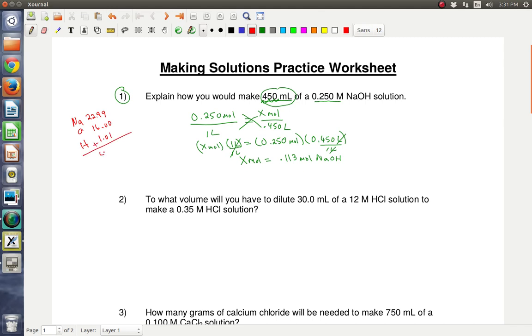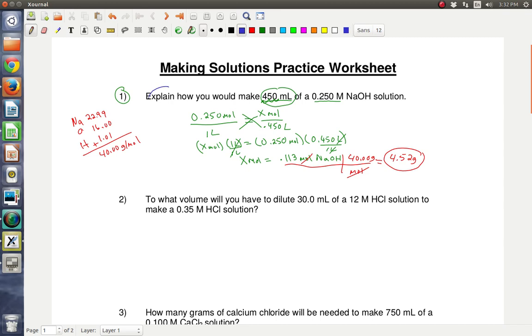We add those together and we get 40 grams in every mole. All right, so now I can go over here and turn this into grams. There are 40 grams in a mole. And I multiply those together and I get 4.52 grams.